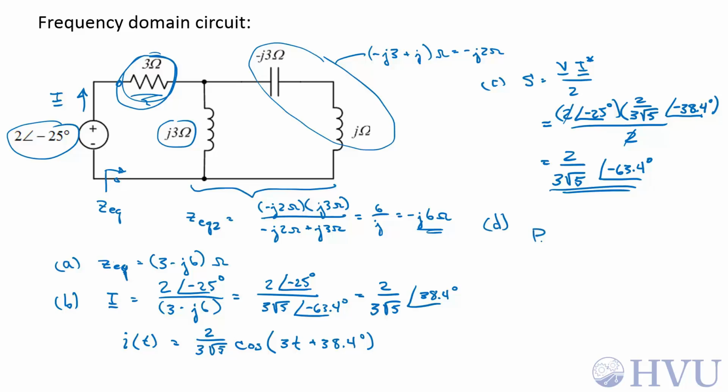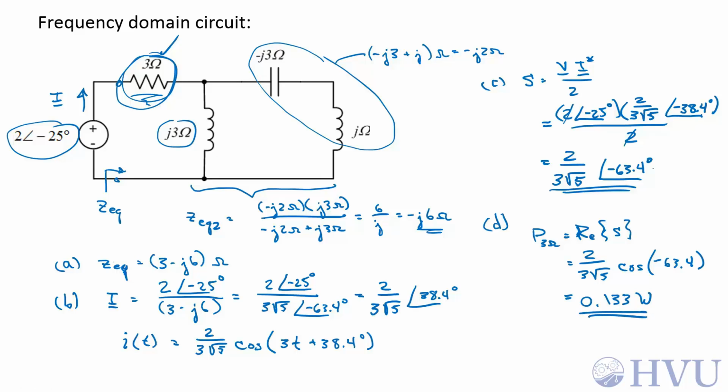So I can just take the real part of S, that gives me the power dissipated by all of the resistors in the circuit. Since there's only one resistor, that will give me the power dissipated by that resistor. So this is just the magnitude, 2 over 3 square root of 5 cosine of this phase angle minus 63.4. That turns out to be 0.133 watts.